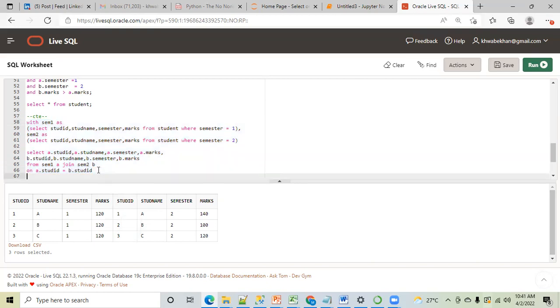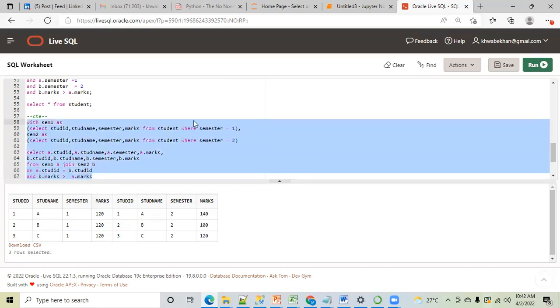Very good. Second semester marks is coming from the B table, correct? What should be the condition here? Greater than. B greater than A. Done. Question is done.